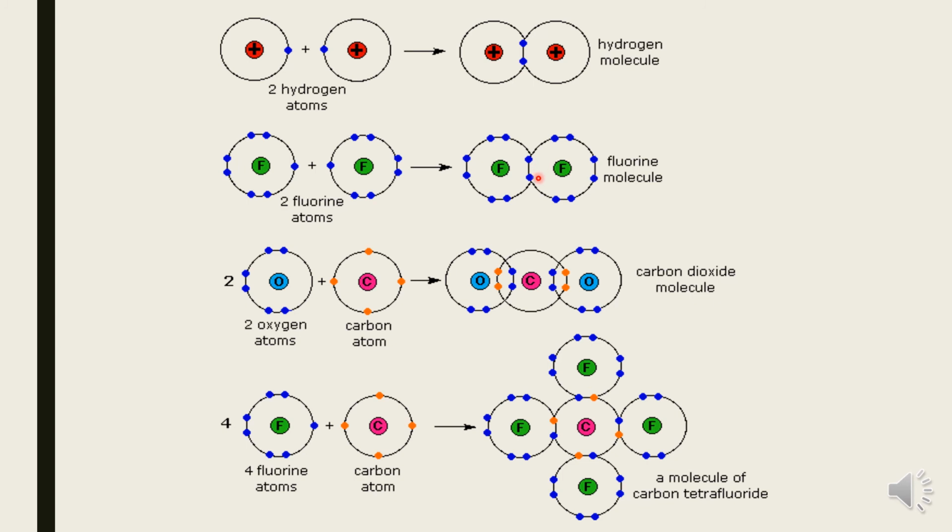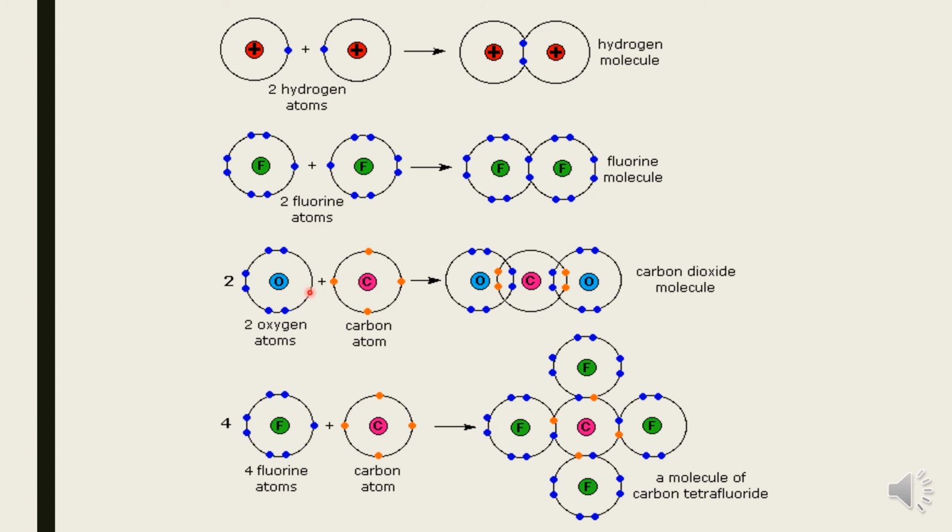Now children, see carbon dioxide, the formation of carbon dioxide. Carbon dioxide molecule is CO2. CO2 means one carbon atom and two oxygen atoms. Carbon atom requires 4 more electrons to complete its octet. Two oxygen atoms require 2 electrons each.